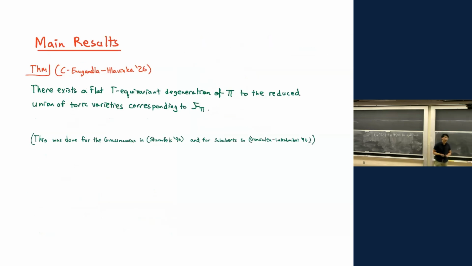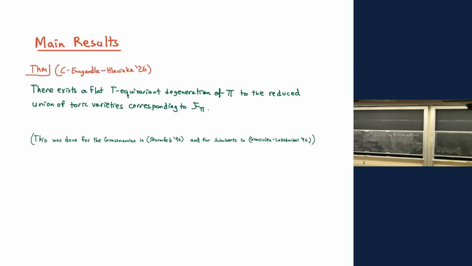And okay, so a lot of the stuff I said on the previous slide is basically an artifact of the fact that we can actually show that there's a flat degeneration of the positroid variety to the reduced union of toric varieties corresponding to this complex.